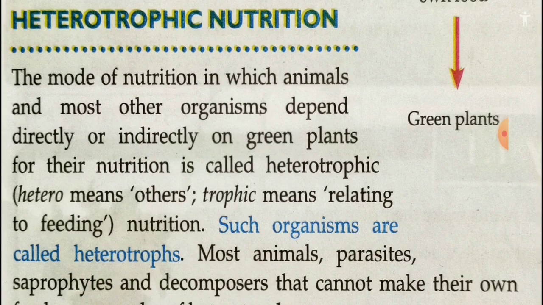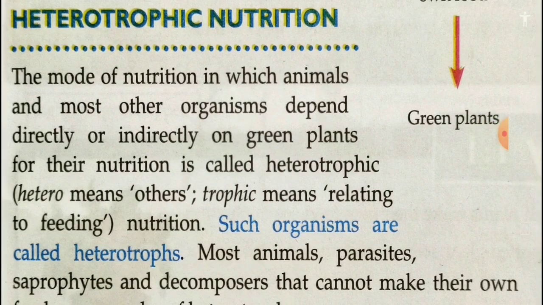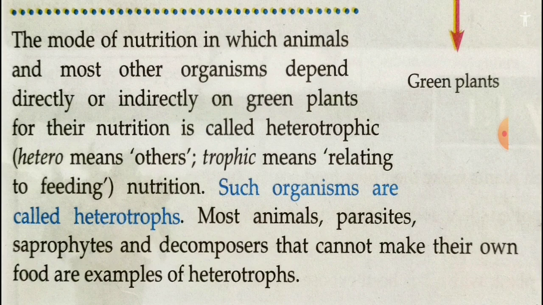Now we will see heterotrophic nutrition. Hetero means other and trophic means related to food habits, how they are getting food. So it is the mode of nutrition in which animals and most other organisms depend directly or indirectly on green plants for their food, and such organisms are known as heterotrophs, like parasites, saprophytes, decomposers.